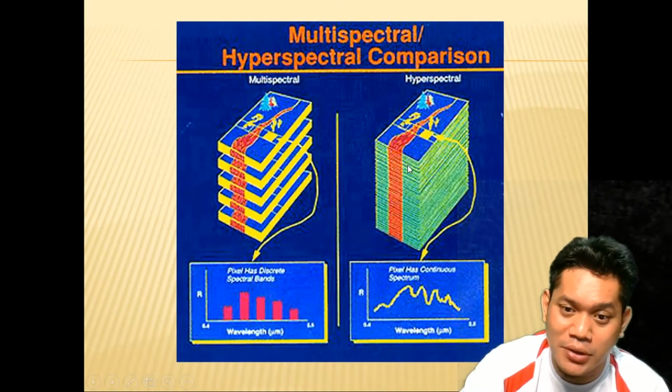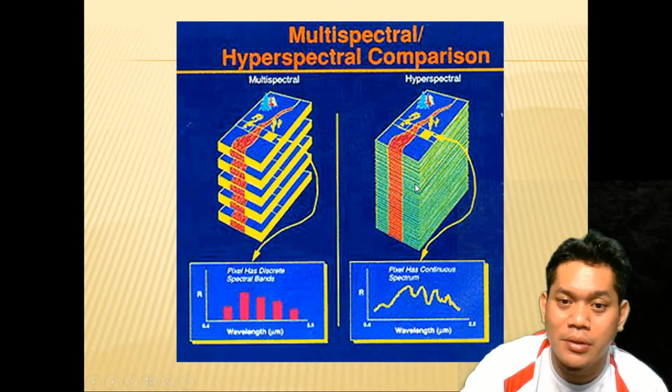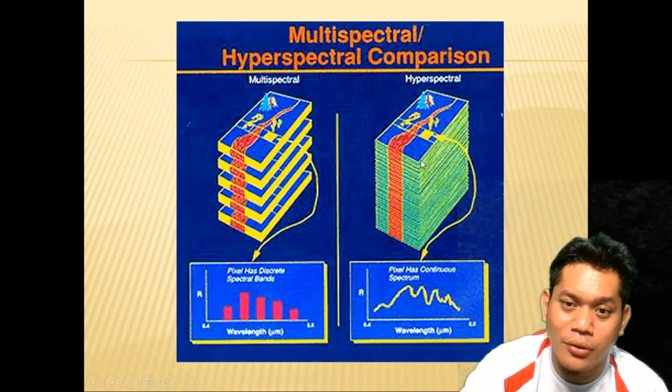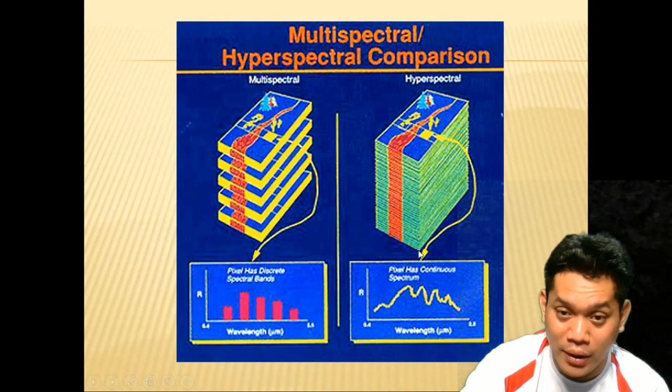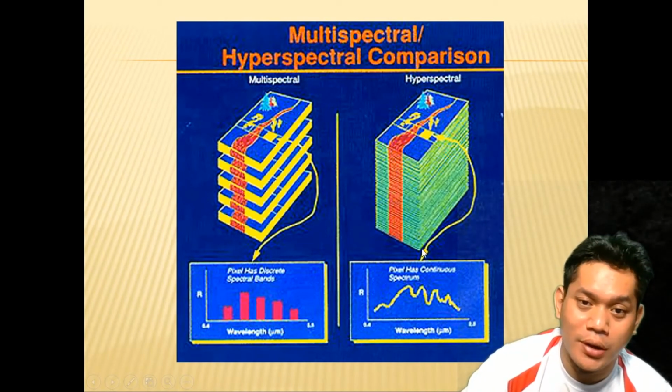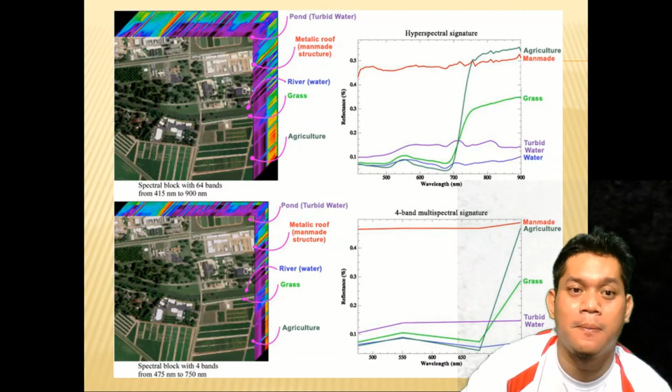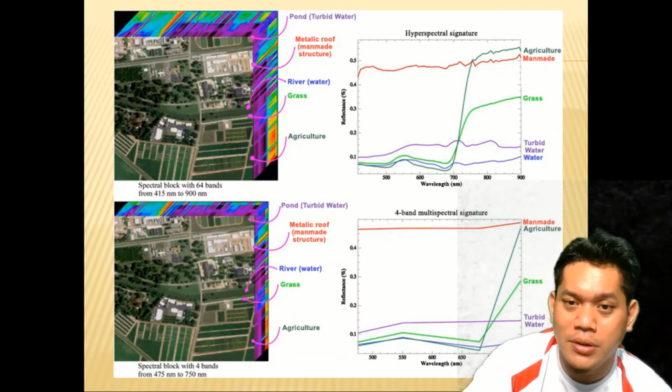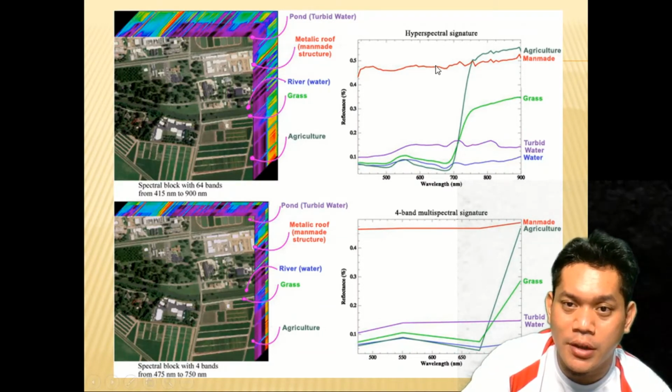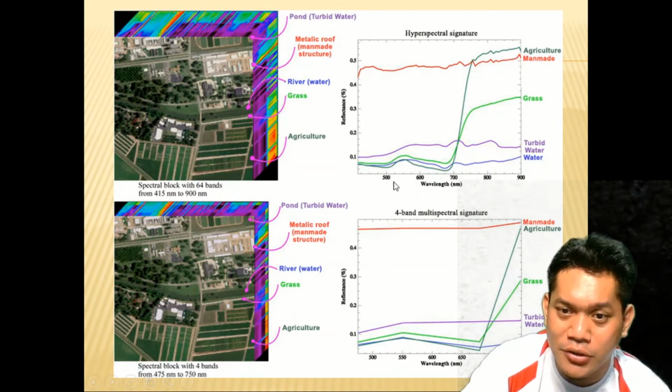But for hyperspectral, if the system can record 400 bands, therefore it has 400 files for one area of study. Okay, but the signal will be different. As you see here, it has more subtle and detailed reflections across the wavelength.